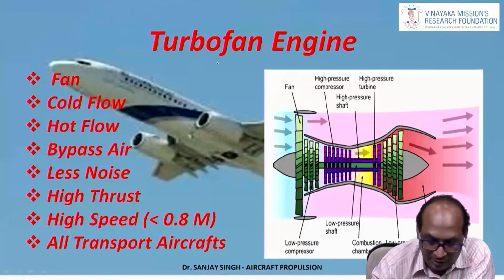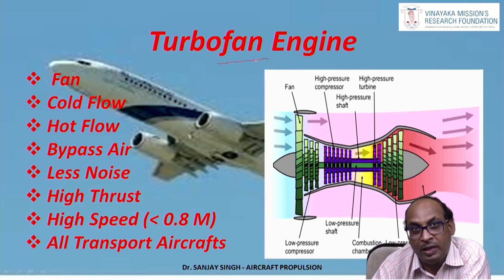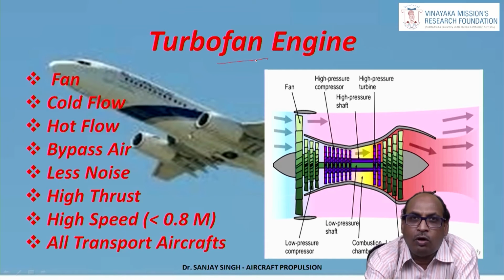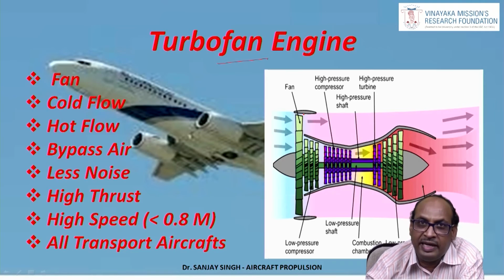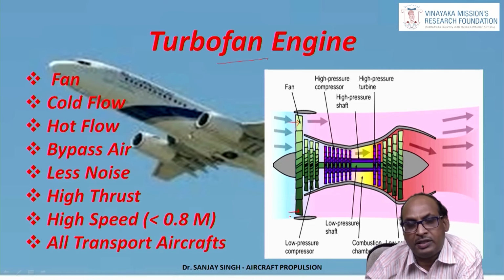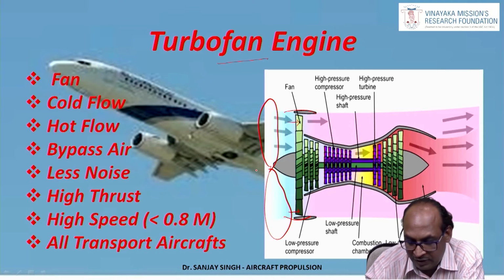Now, next is the turbofan engine. So this is another version of how the propeller is modified. With the same propeller engine, we are not able to operate more than 0.5 Mach. We want to operate the engine at relatively higher Mach. So another type of engine is designed in which there is a fan in front of the compressor, and this fan is well inside the duct, whereas we saw that in the turboprop engine the propeller is well outside the duct which is enclosing the engine.